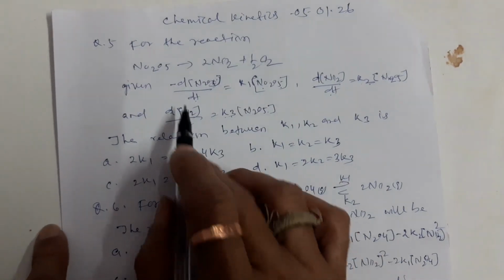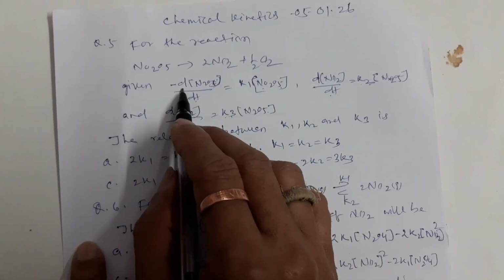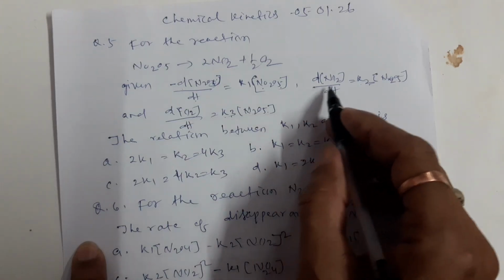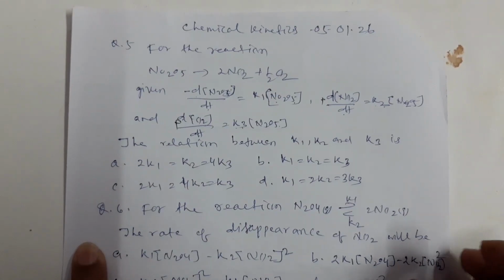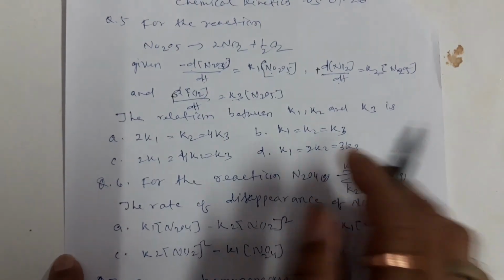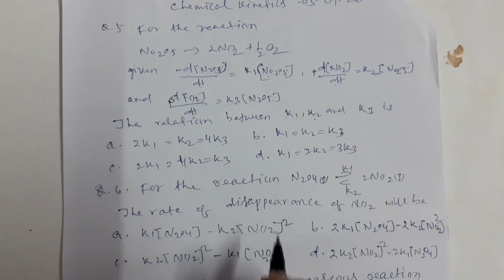This is the disintegration, this is the production, plus, and this is also plus. So what is the relation between K1, K2, K3?